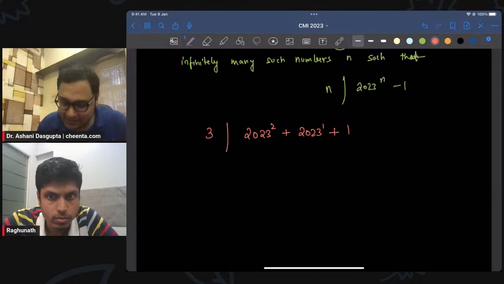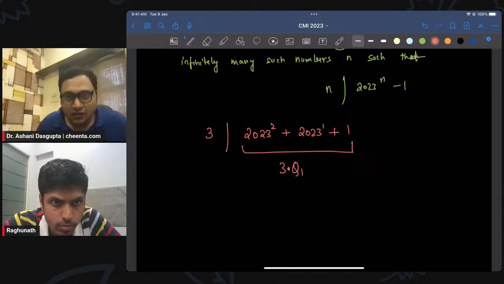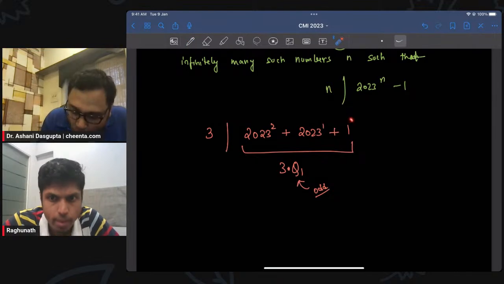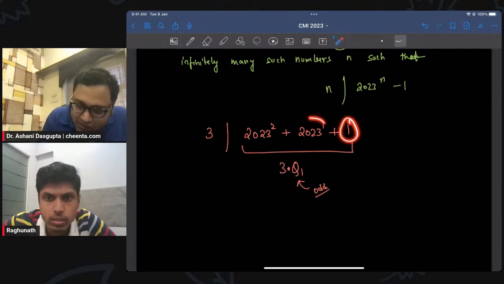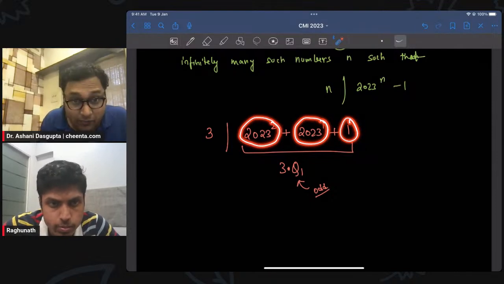Now what we do is we write this as 3 times some q1, where q1 is odd. Why is it odd? Well, notice that 1 is an odd number, 2023 is an odd number, 2023 square is an odd number.